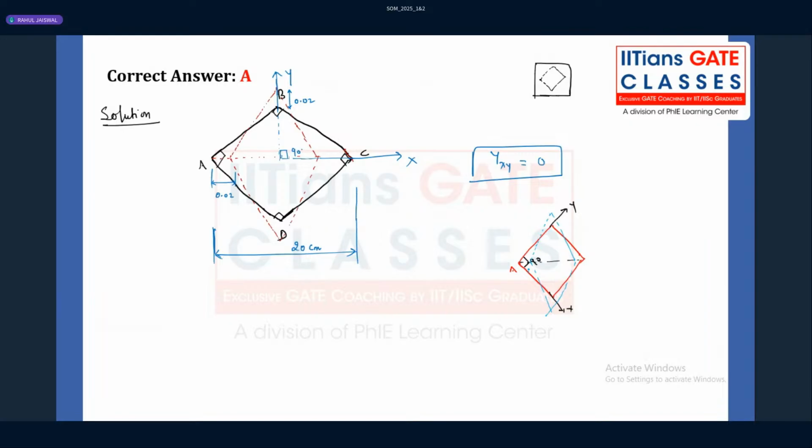Whatever the A is there, that will become A dash. B will become B dash. Now this AB will become A dash B dash, which was originally along the Y axis. And whatever the C is there, C becomes C dash. Now AC will become A dash C dash. Now, what is the angle between these two edges which are along the Y and X axis? Now it is more than 90 degree. So definitely shear strain for this system at point A will be non-zero.